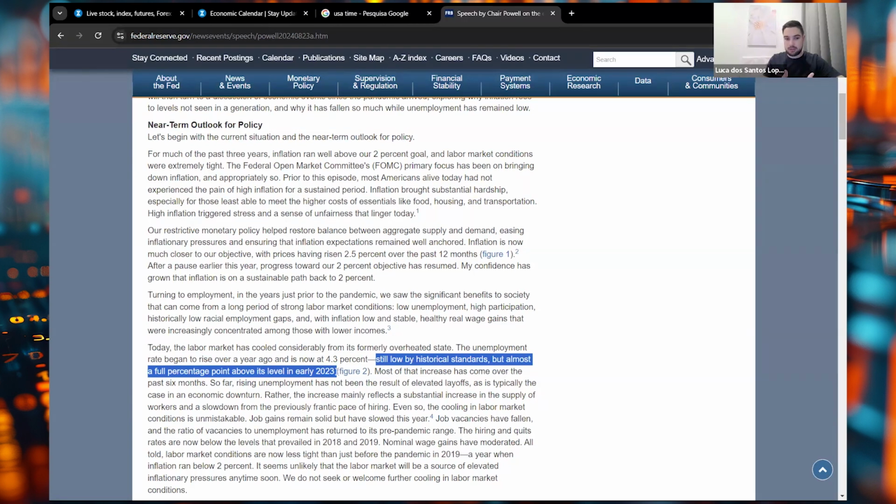It is not the highest ever unemployment rate. But I mean, come on. It's 4.3%. It's a lot, you know. It's pretty much a full percentage point, as he says, since 2023. So in pretty much one year, you've let the unemployment rise by 1%, a full point.